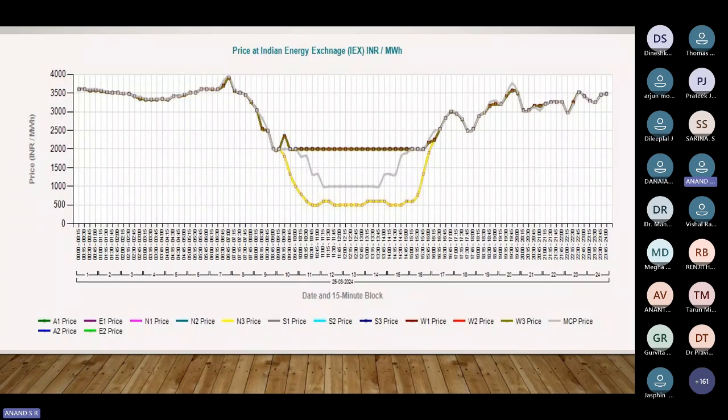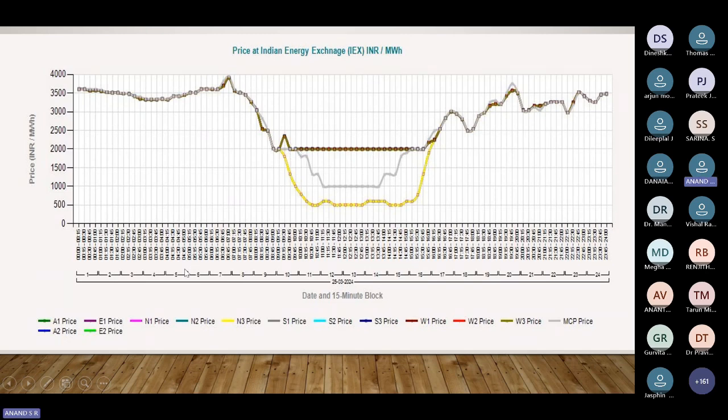On the left side, we have the price, and on the x-axis, we have the time from 00 hours to 24 hours. This is the actual data that was taken on 25th March 2024. If you see that condition, the rate of power in the power exchange is remaining something around 3.5 rupees to 4 rupees during early morning hours. And after that, it is coming down.